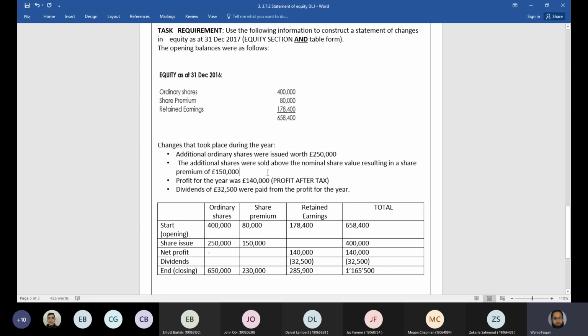They'd say, right, ordinary shares issued during the year were 250,000. That gave rise to a premium of 150,000. I think it's worth explaining what share premium is now. Again, quite briefly, because it builds up later on. When a company issues shares, they have a price.